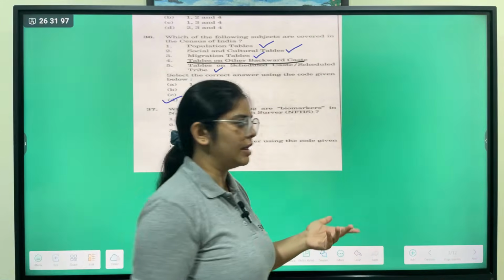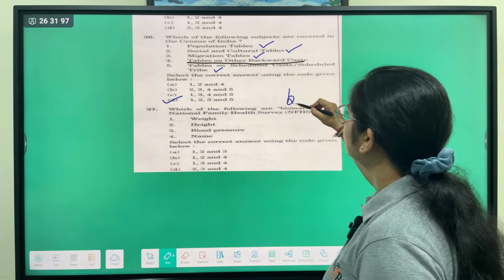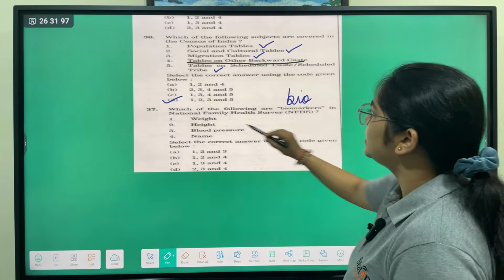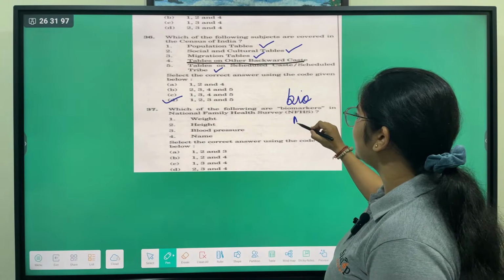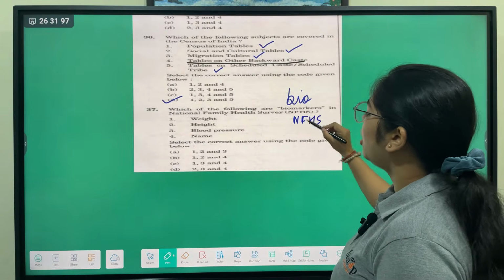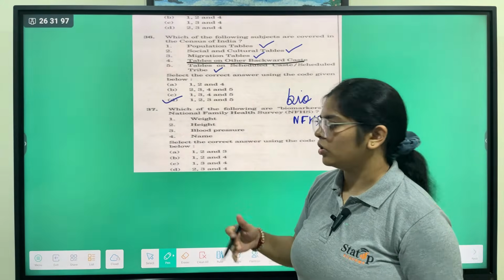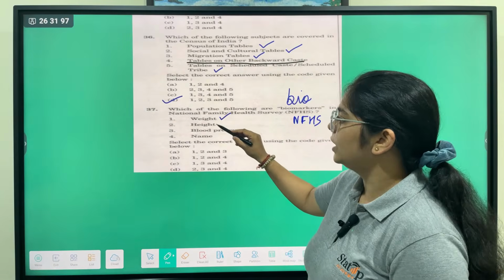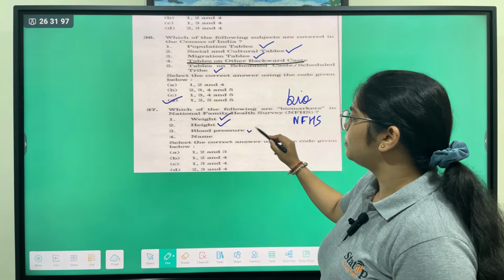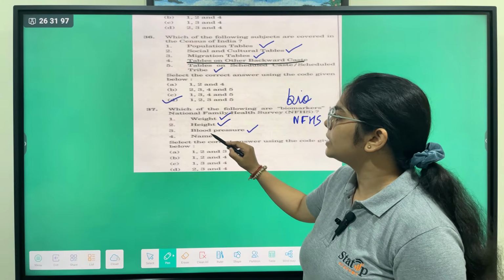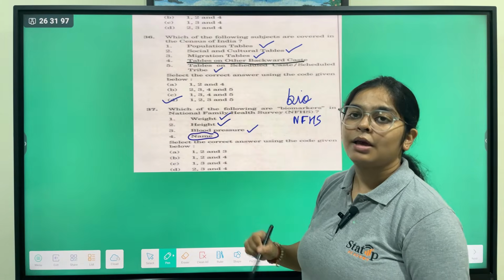When we move forward to another question, which states which of the following are the biomarkers? From the question itself, we should know that it is related to bio. So, in the National Family Health Survey, NFHS, the ones related to our biology will be weight, yes, obviously. Height, yes. Blood pressure, yes. But the name is not related to the body.